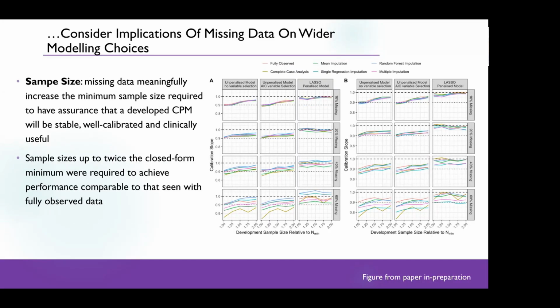The other implication is on sample size. If you've done a sample size calculation that assumes you're going to have 100% fully observed data, then some work that we're currently doing is showing that you actually need to account for missing data as part of the sample size process.